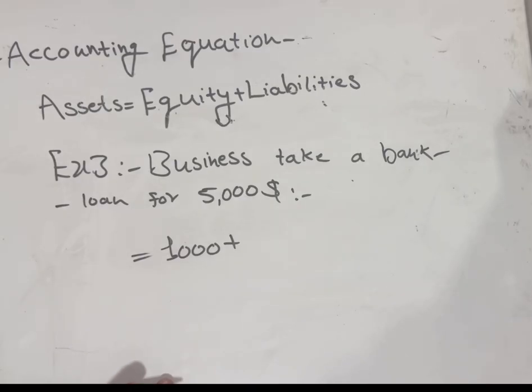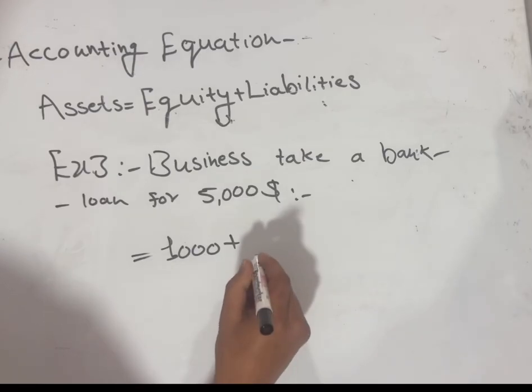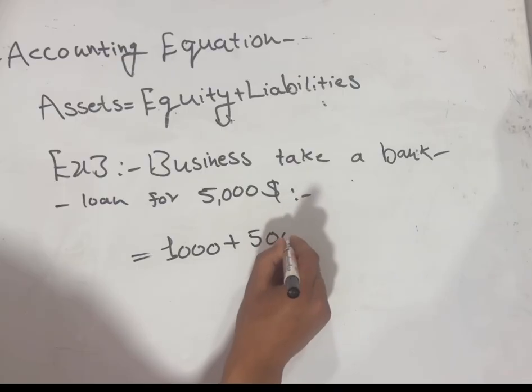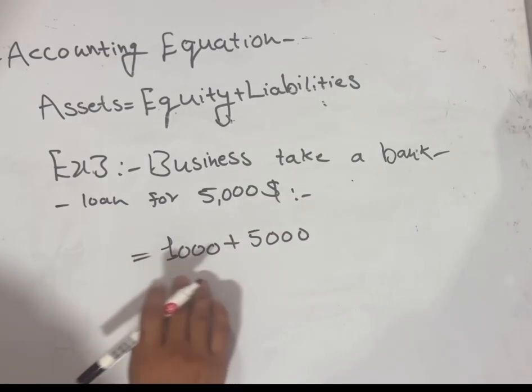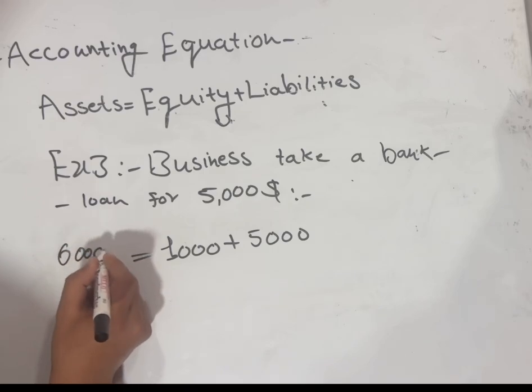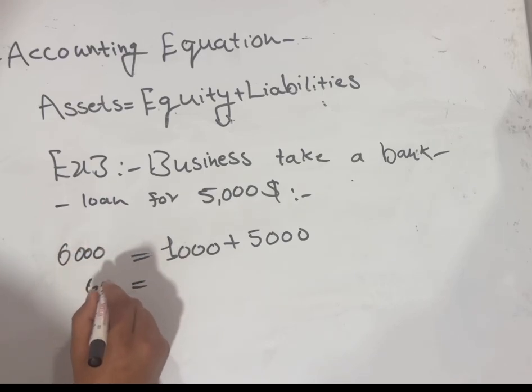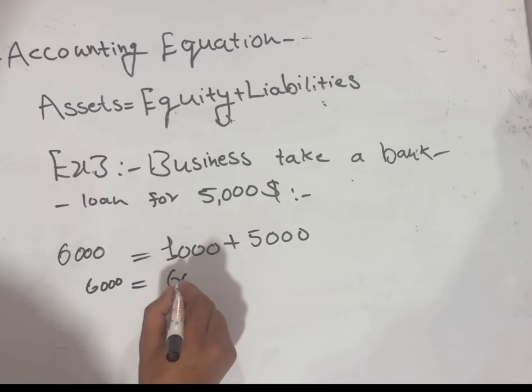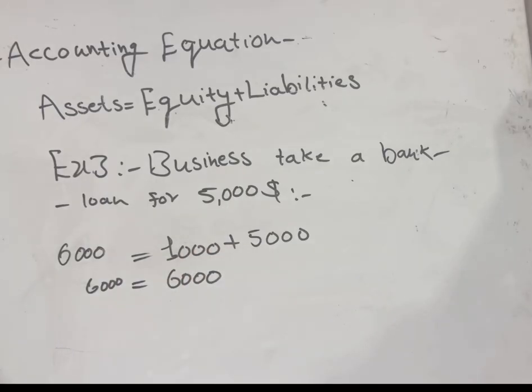Now in this example, $5,000 is being borrowed from the bank. So we have $5,000 in liabilities now. If you add them, 5,000 and 1,000 become 6,000. So $6,000 assets equal $6,000 on the right side as well.